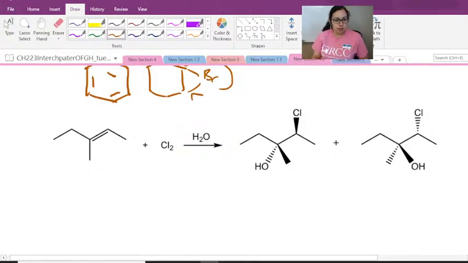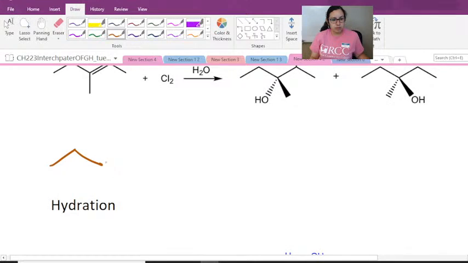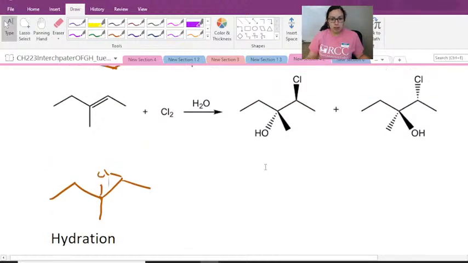First, we add our chlorine, so we make our halogenation reaction. So now we have an intermediate species here. Notice the hydroxide is going to go to the more substituted carbon. You have 2 potential ways for it to add; it could maybe go here or go here.